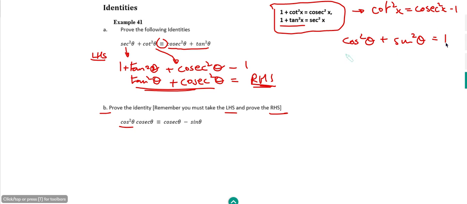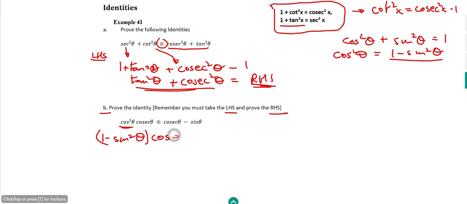So if we rearrange that, cos squared theta is equal to 1 minus sine squared theta. So I'm going to replace the cos squared theta here by 1 minus sine squared theta. So I get 1 minus sine squared theta, times cosec theta. And I'm going to multiply that out.